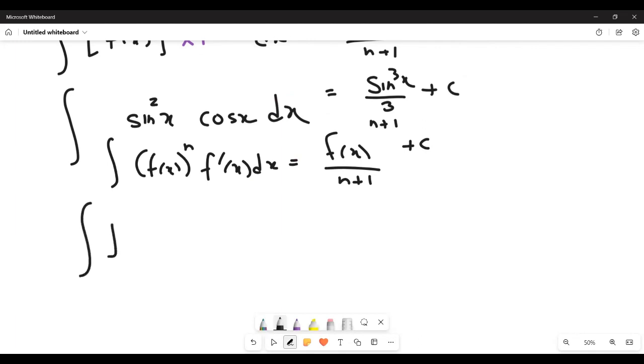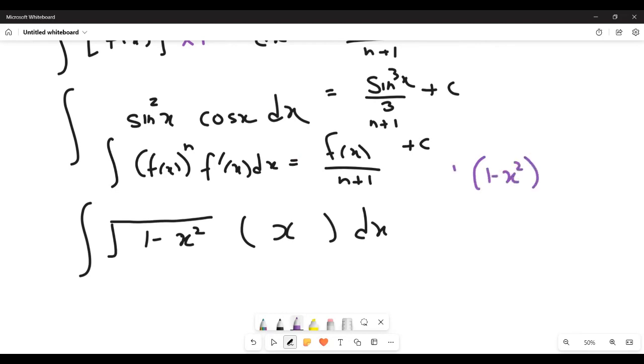Integration of square root of 1 minus x square, which is definitely not linear. So that means you would be given some sort of f prime x. So you're getting given x with it. Now, what's the derivative of 1 minus x square? It's actually minus 2x.